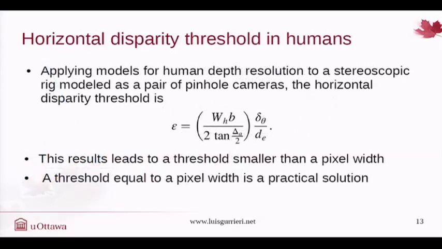Now, what is the threshold of horizontal disparity in humans? That is a nice topic of research, because in some literature I found that this equation came out by comparing the same basic parallel optical axis stereoscopic pair model using pinhole cameras with the resolution of the human eye, based on psychological studies, based on several tests in a certain group of humans with a certain selection of images.